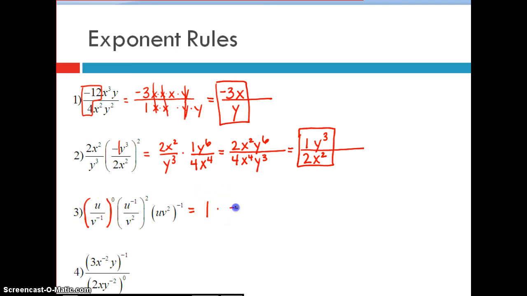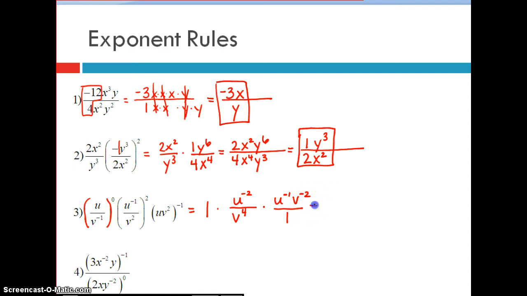Our next expression, apply the power, so that would be u to the negative 2 and v to the 4th. And then in our last expression, we would have u to the negative 1, and we'd have v to the negative 2. And again, whenever you don't see it, you have to remember that this is over 1. So we applied our power rule.